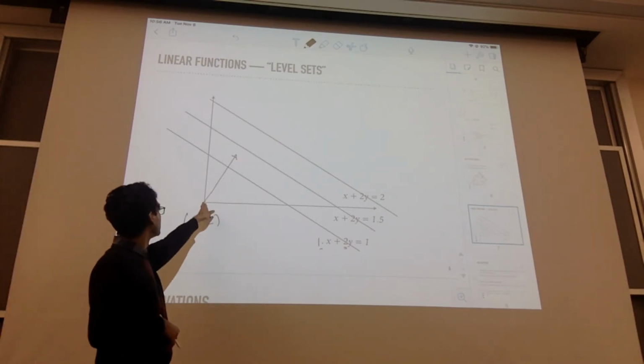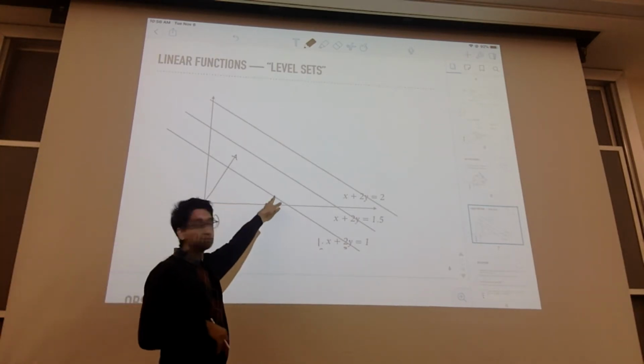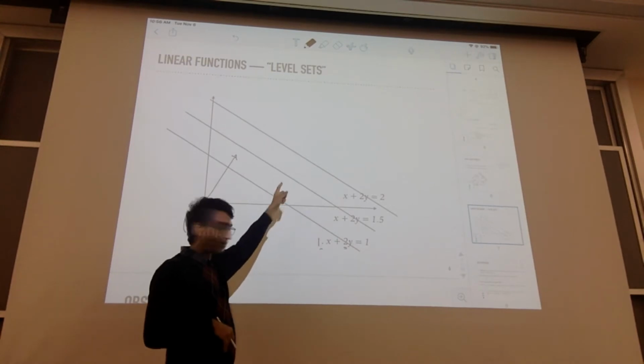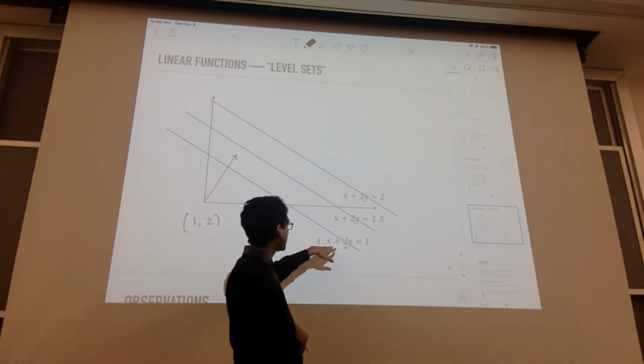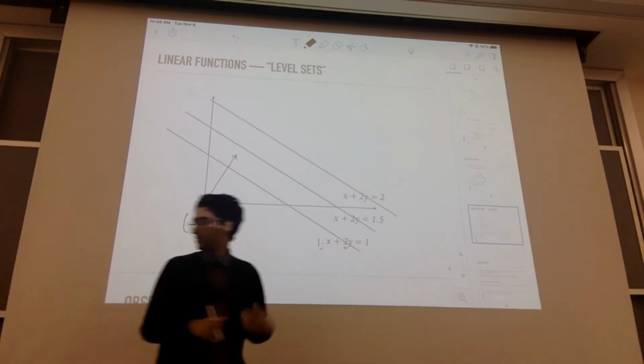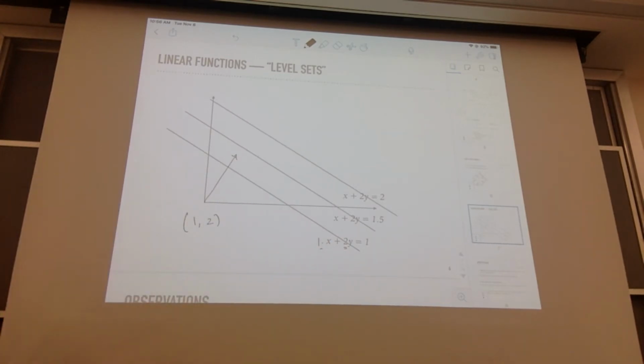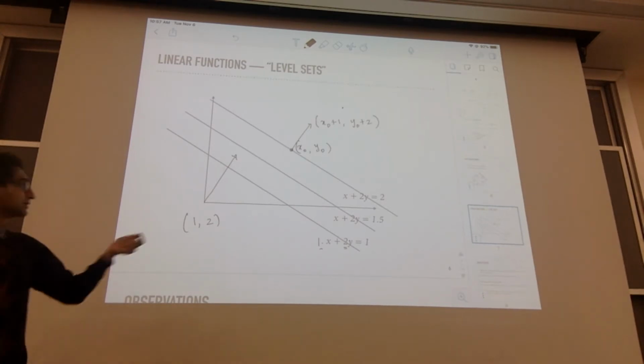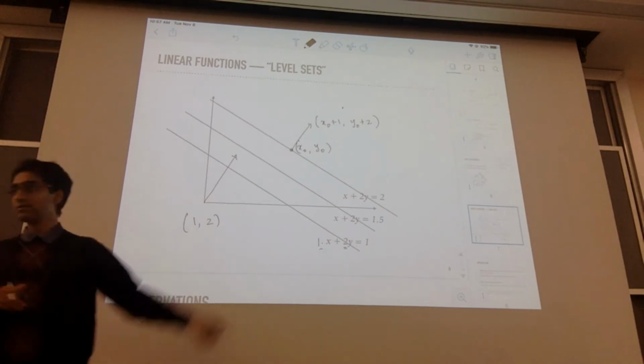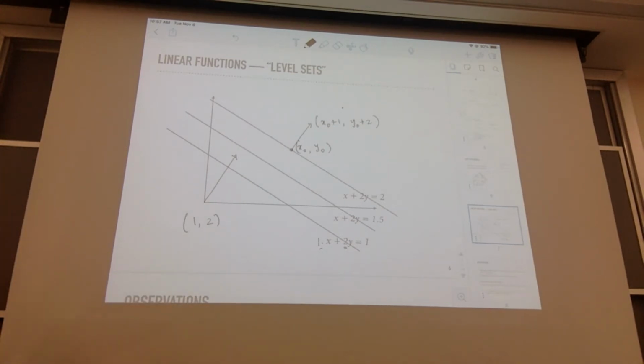If you take any point here, let's call it x0, y0, and you add 1, 2 to it, so you have x0 plus 1, y0 plus 2, then if you compute this function x plus 2y for that new point, it would be the old function value.